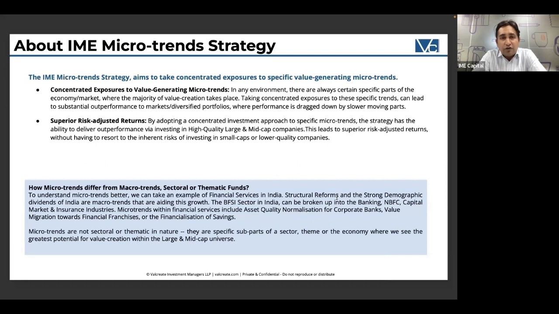Very often, fund managers have to resort to a higher exposure towards small caps, and that comes with various incremental risk. By just taking concentrated exposures to the parts of the economy and market which are growing faster and not having exposures to other parts, we believe we can deliver the same levels of outperformance without having to take some of the risks which are inherent with either investing in small caps or lower quality companies.